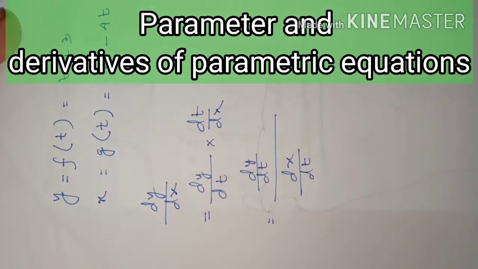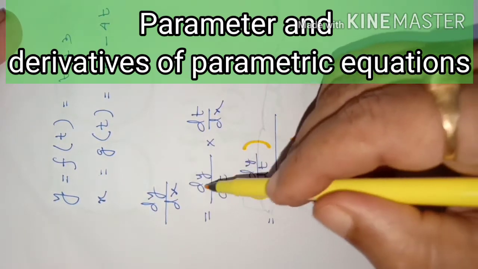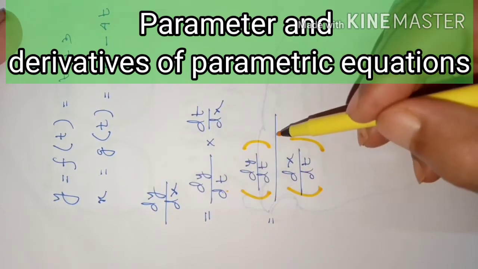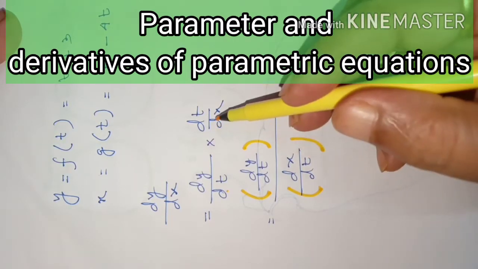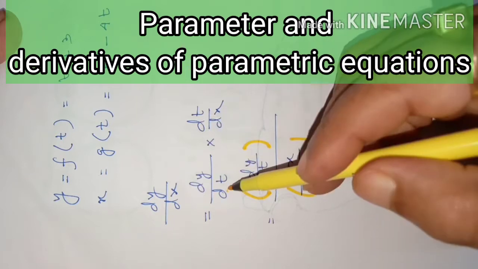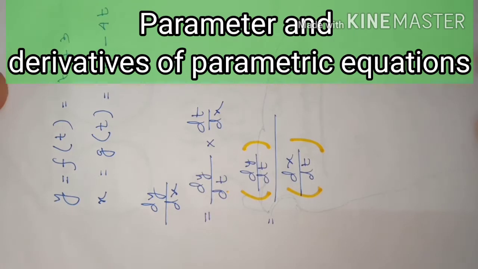Then what will remain? dy by dx will remain. Why? Because when the divide sign is converted into multiplication sign, it will become dt by dx, and dt will get cancelled, so dy by dx will remain. So this can be an expression for dy by dx.